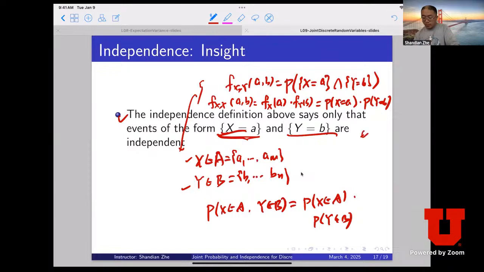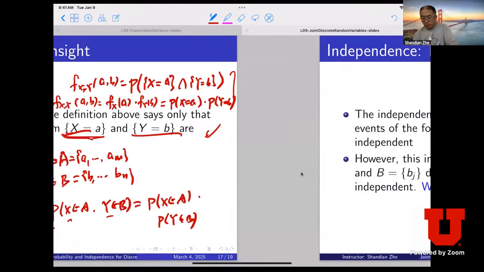So see that this is actually a very powerful definition, although it is only defined on the event that X takes a particular value. Actually, from that, you can tell any events related to X and any events related to Y are independent as well. Any question?